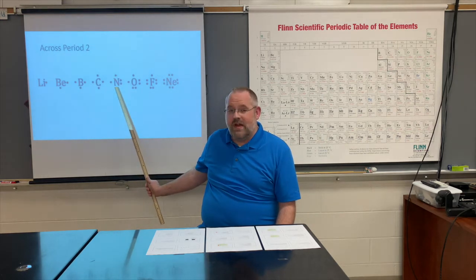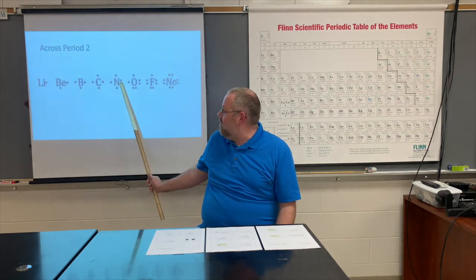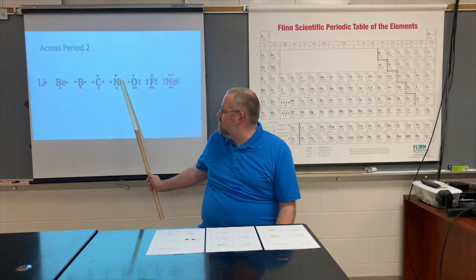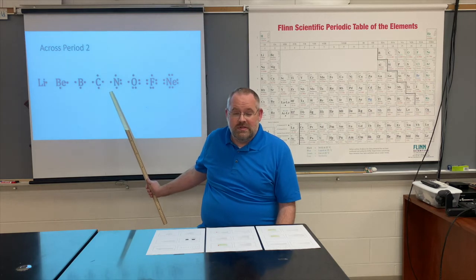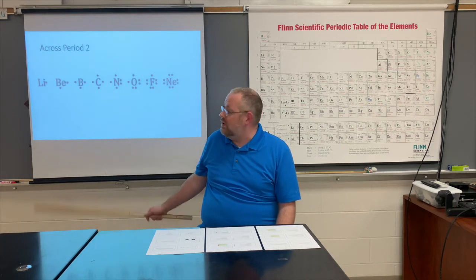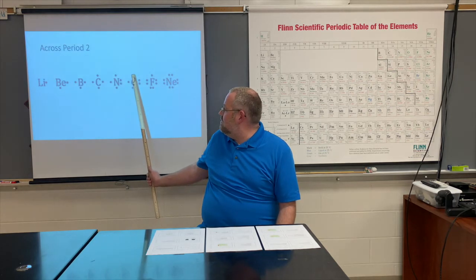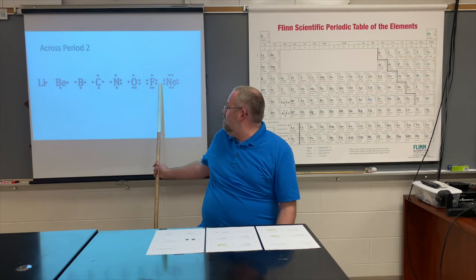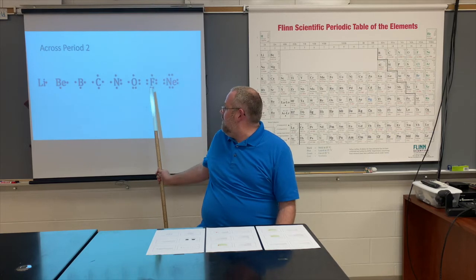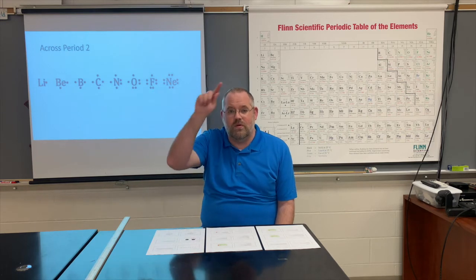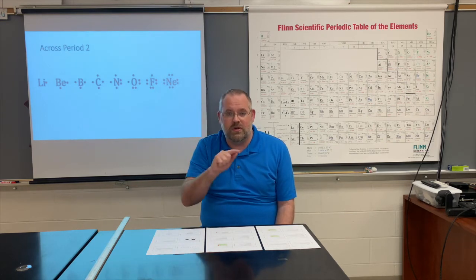Nitrogen has 5, and that 5th electron is paired up with the first one that we started with. Doesn't matter if you start in the north or start in the east, start in the south, just make sure you start in the same place every time when you're drawing them for yourself. So when you get to 6, 7, you always draw 4 singles before you start pairing up.